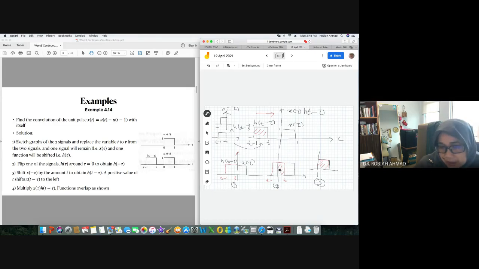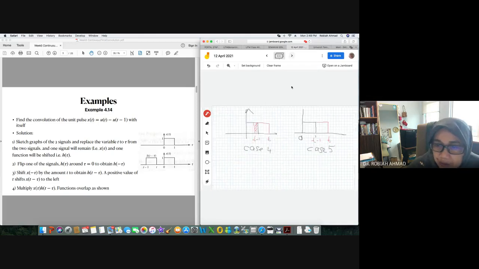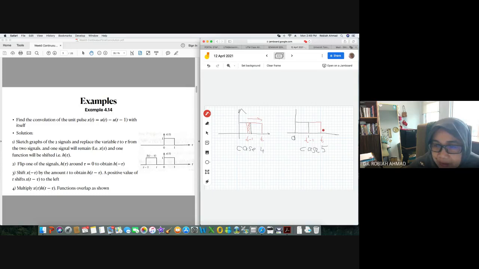So the red and the black start to overlap. And then case number 3, when they're fully overlapping each other, kita tunjukkan that the motion is to the right. And then this one, the red one start to leave the black one, and finally there is no overlapping between these two signals. So ada 5 cases.